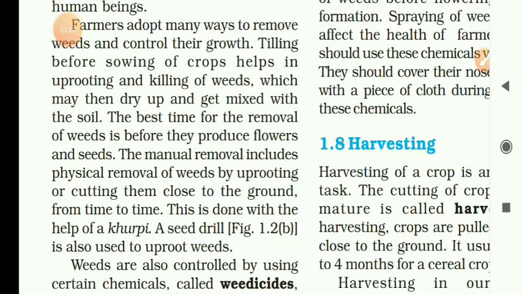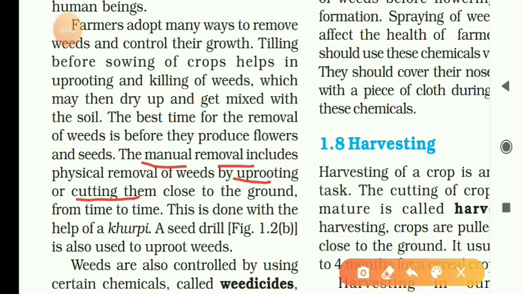The second way is manual removing. It includes removing by hand, physically removing weeds by uprooting and cutting them close to the ground. You have to take them out or cut them close to the ground from time to time. So this is the manual, second way.